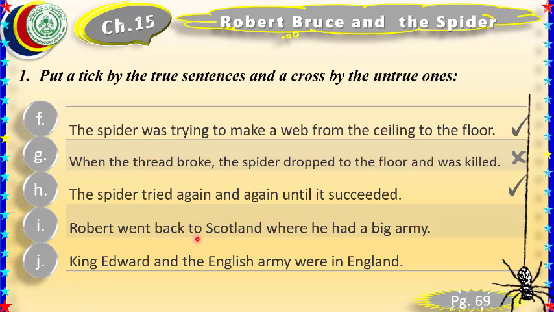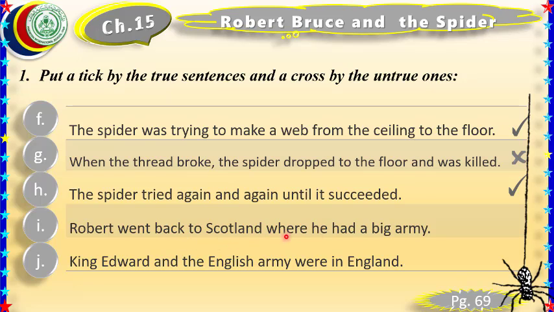Robert went back to Scotland, where he had a big army. Dear students, Robert went back to Scotland is true. But he had a big army is not true. There was not a big army waiting for Robert Bruce. Dear students, we have to decide about the whole, complete sentence.